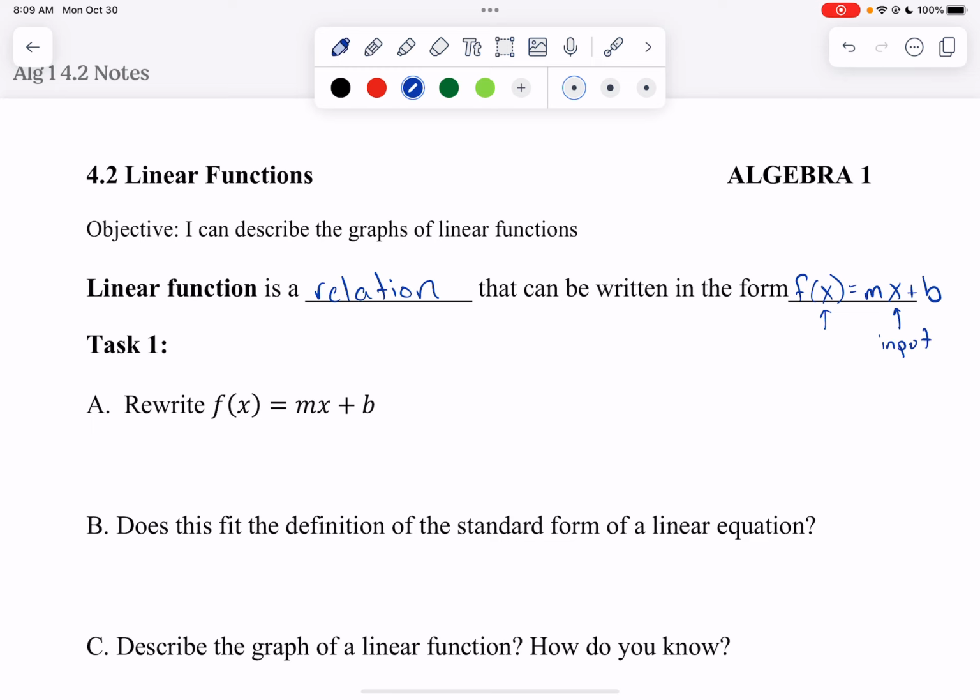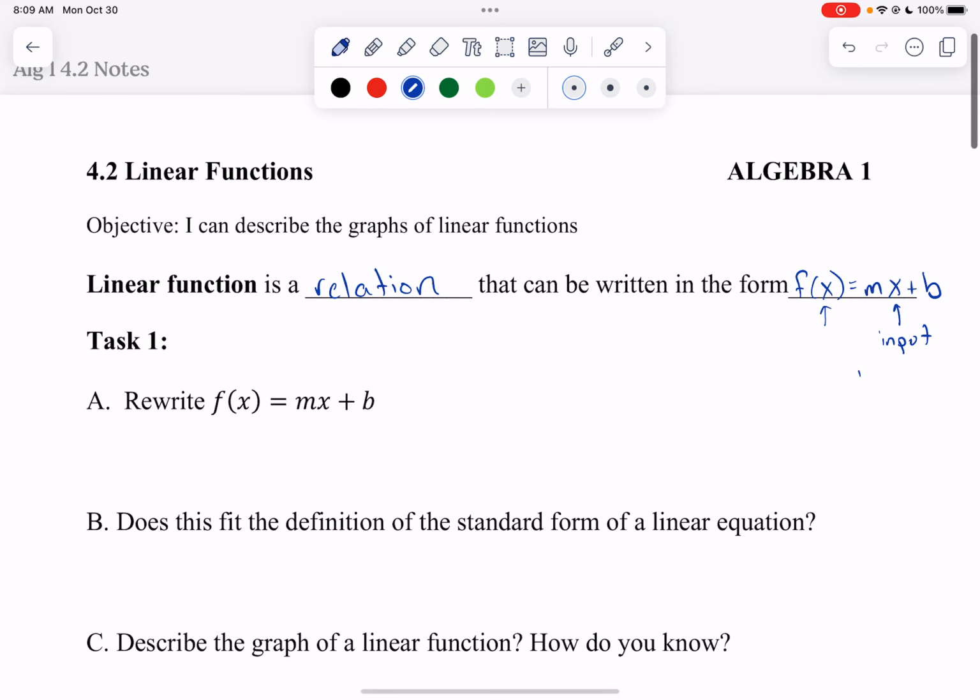Here we're just using function notation. It's my input, which means it's my independent variable. And m and b are just numbers.